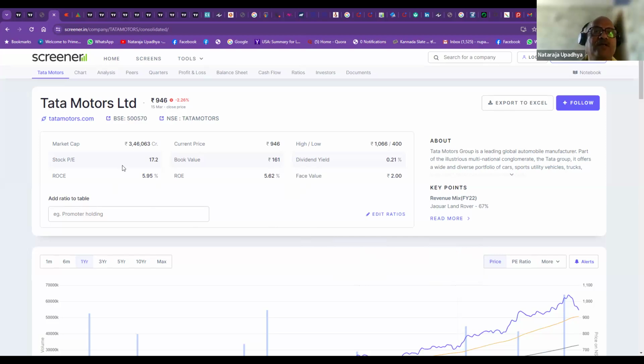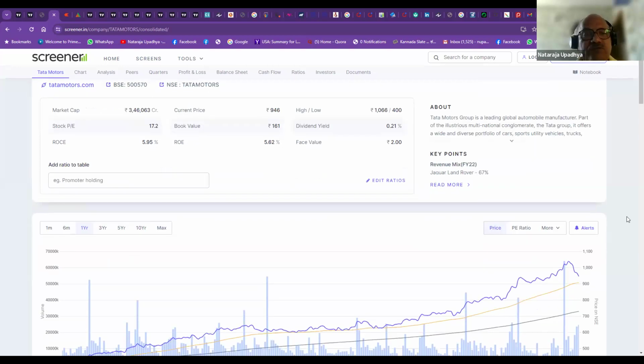Therefore, people are willing to give a higher premium to a good stock, right? So you can see that between the earning per share of a Tata Motors share and today's stock price, you are paying 17.2 times more for the stock price compared to its earning ability per share. So it is kind of a premium you give.